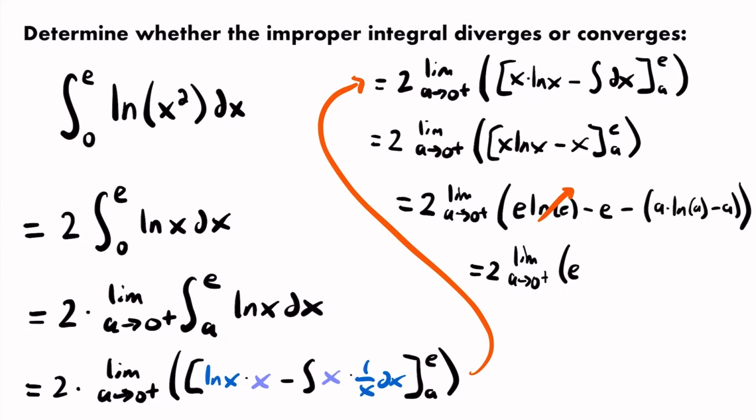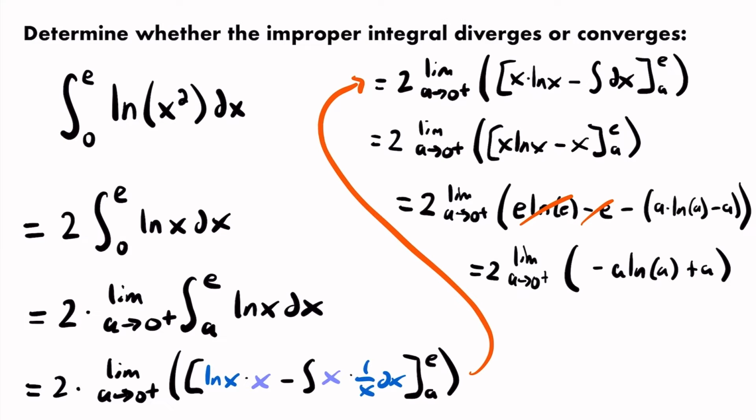So actually, here's what I'm going to write instead. These two terms cancel each other out, and so we are left with 0 minus a times the natural log of a minus a. So I'm going to distribute that negative to both terms. So we'll have negative a times the natural log of a plus a. Okay? So now, technically we don't need that 0, so I'll just erase that, and we'll just have the limit of negative a times the natural log of a plus a.